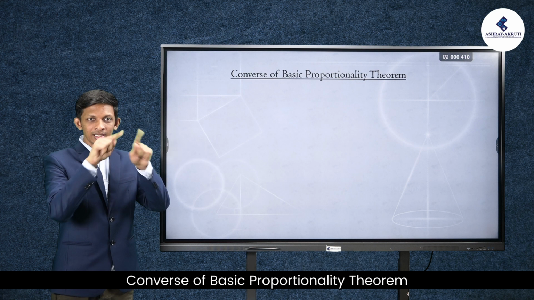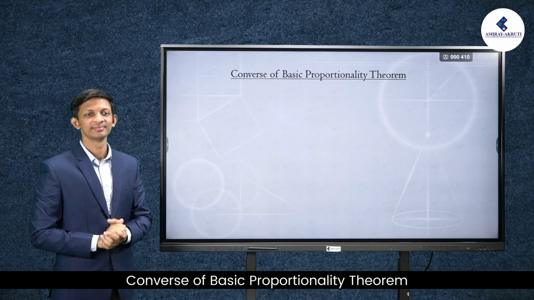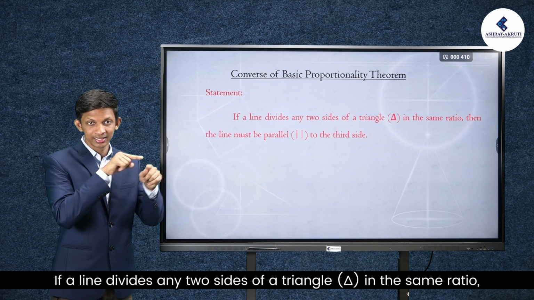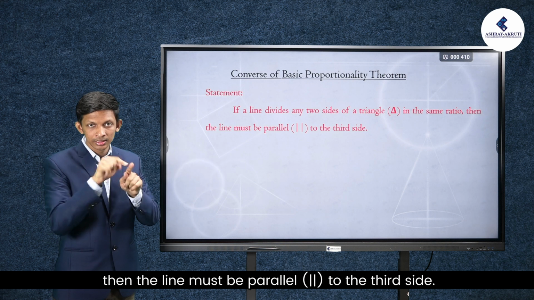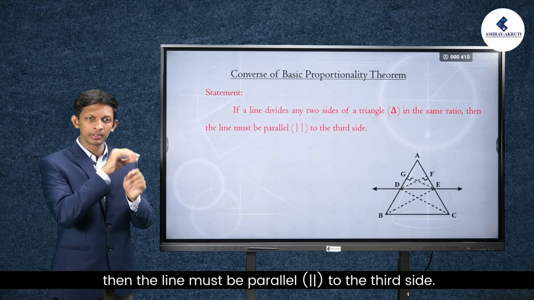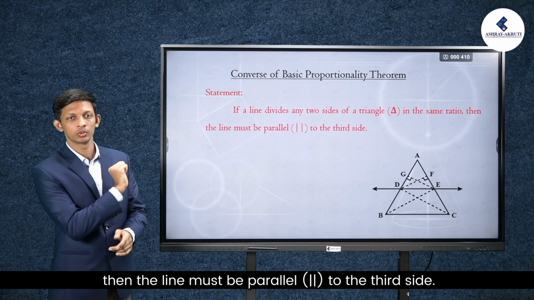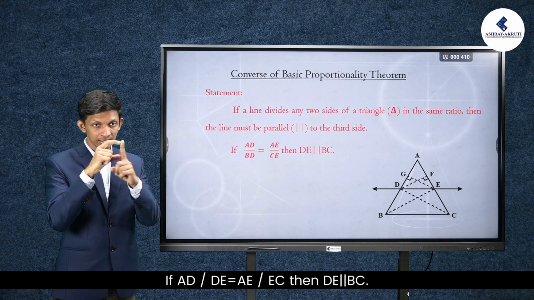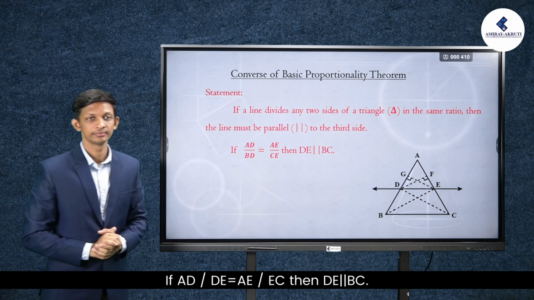Converse of basic proportionality theorem. Statement: if a line divides any two sides of a triangle in the same ratio, then the line must be parallel to the third side. If AD by DB is equal to AE by EC, then DE is parallel to BC.